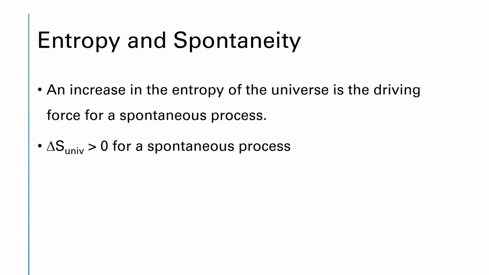Entropy and spontaneity are connected in that an increase in the entropy of the universe is the driving force for a spontaneous reaction. Another way of saying that in the language of thermodynamics is that delta S, the change in entropy for the universe, is positive for a spontaneous process.